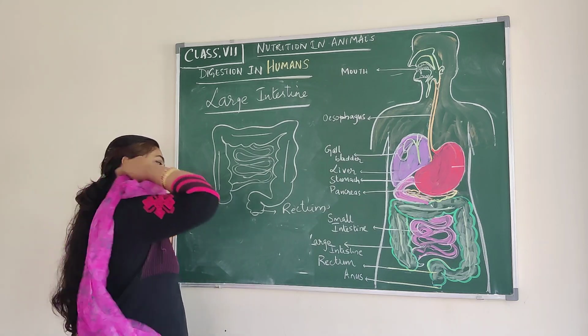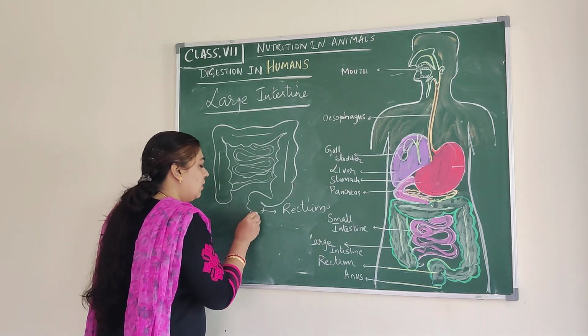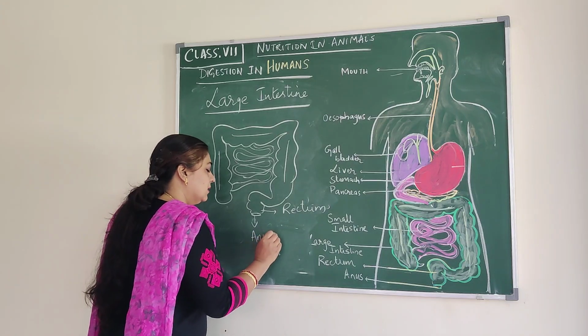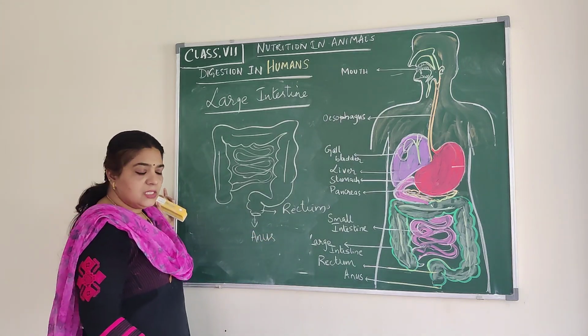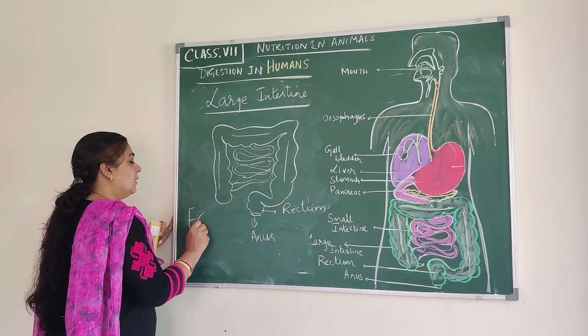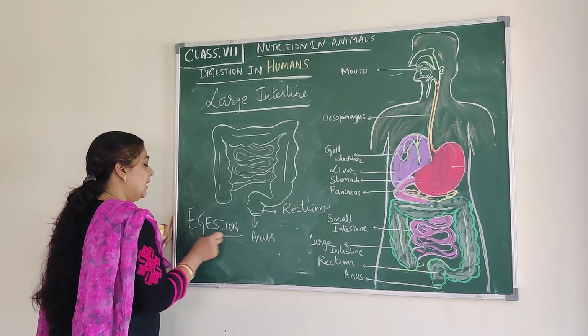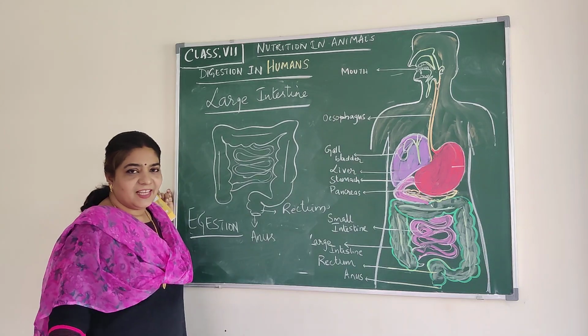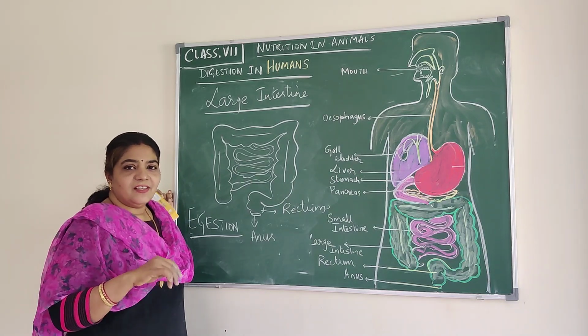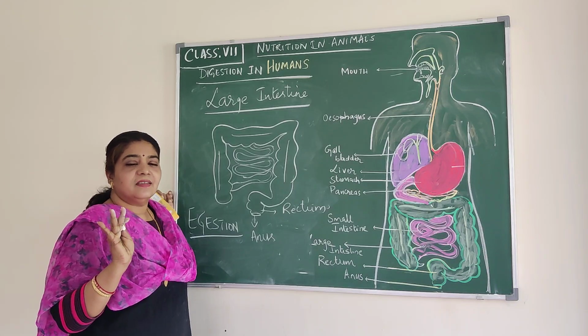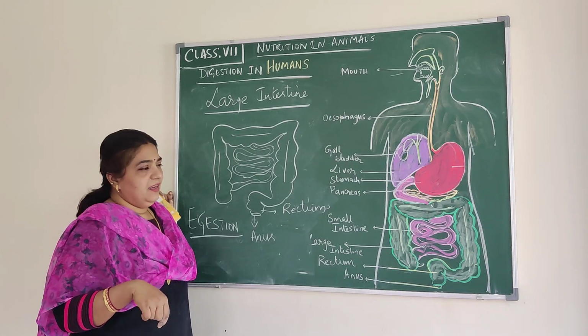Then it will be thrown out through the opening called anus. Okay. This process is called egestion. So with that we have completed the 5 steps in nutrition: ingestion, digestion, absorption, assimilation and egestion.